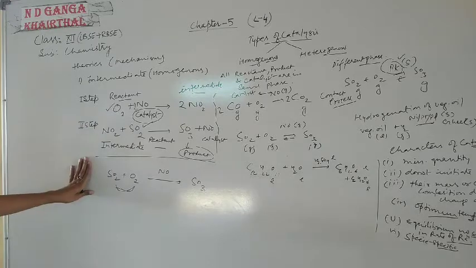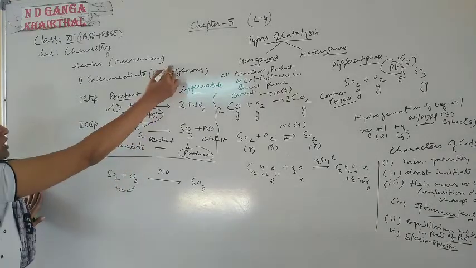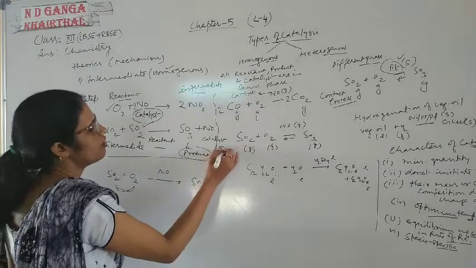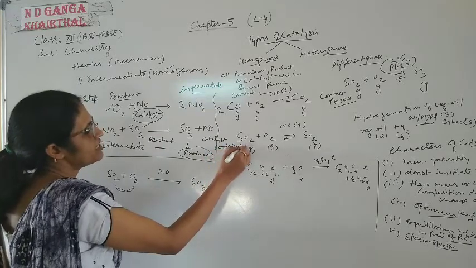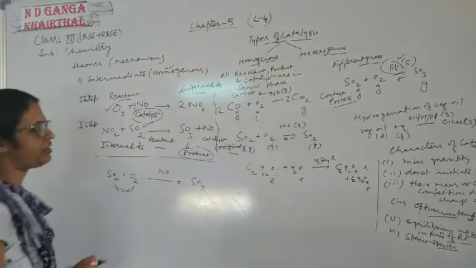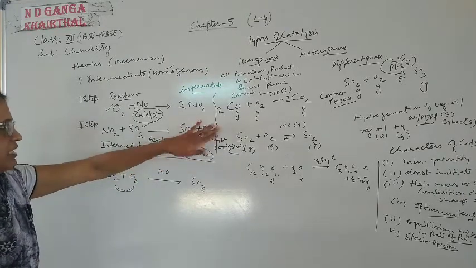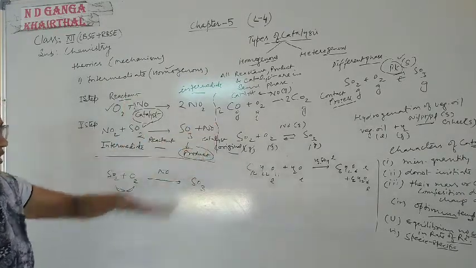So the catalyst is again in its original form. We say that the catalyst doesn't take part in the reaction. If it took part, it would be changed, but it remains the same before and after the reaction.